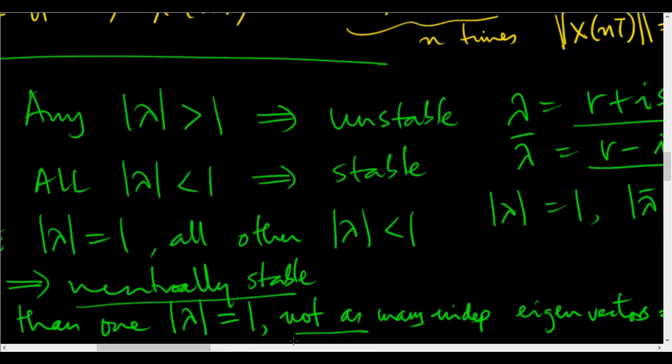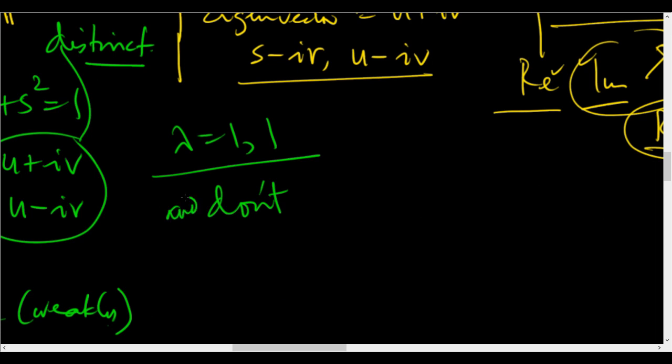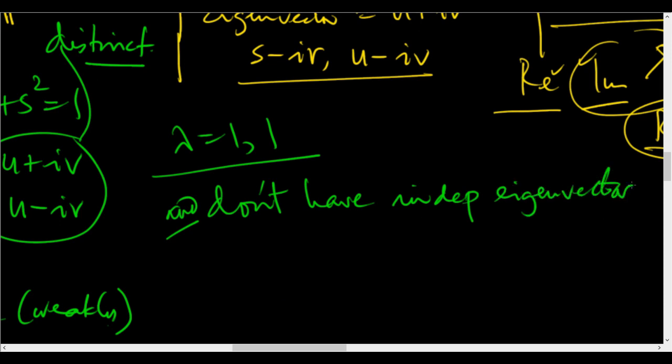But on the other hand, if you have lambda equals 1 and 1, and then you don't have independent eigenvectors u1, u, let us say, and v, then unstable.